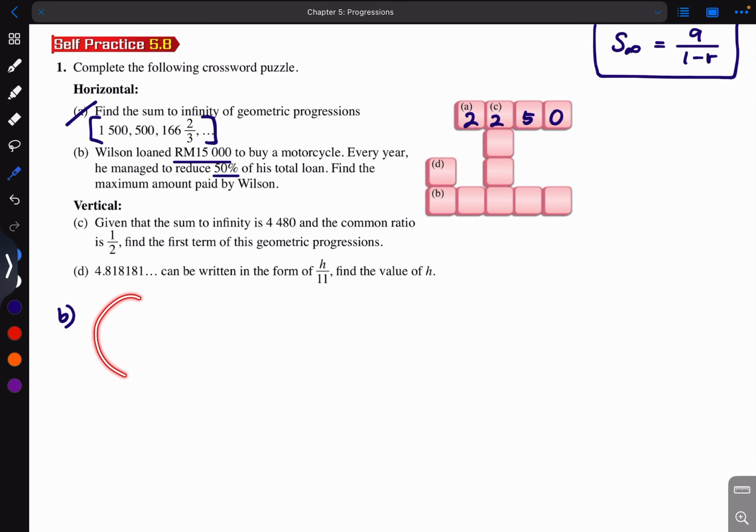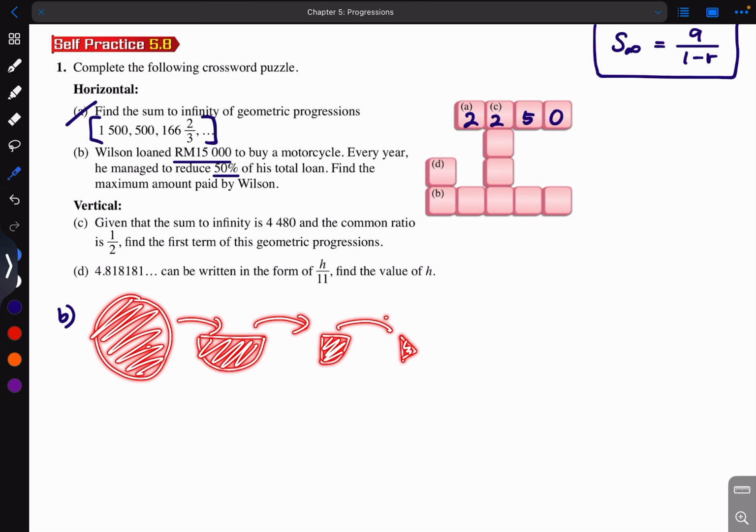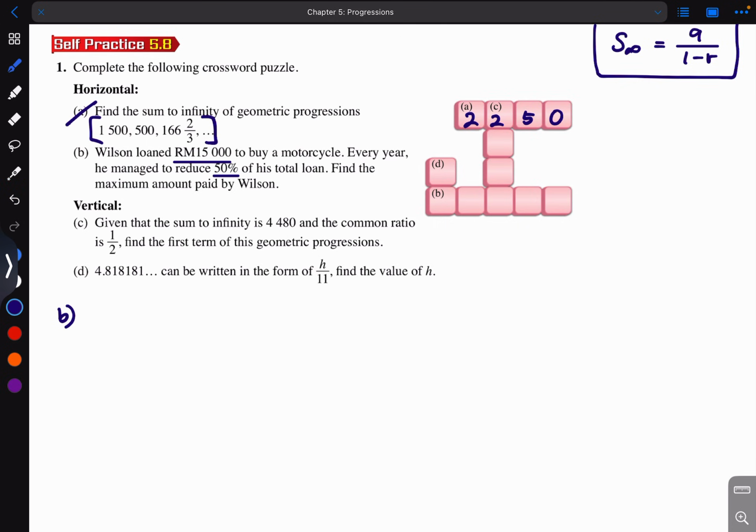Because imagine you start with 15,000. Every time you reduce it by half, basically, it'll just go on and on and on. Because you're just reducing it by half, you're not reaching 0 exactly. So this will be S infinity.